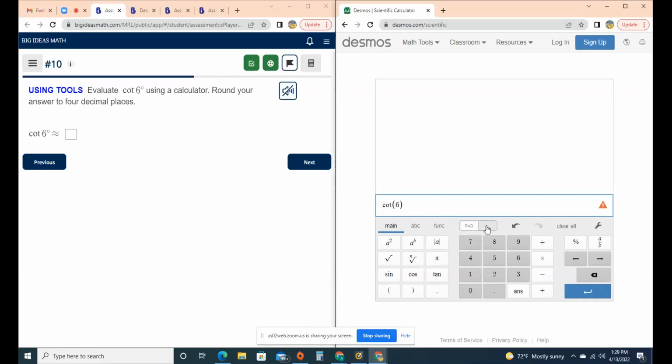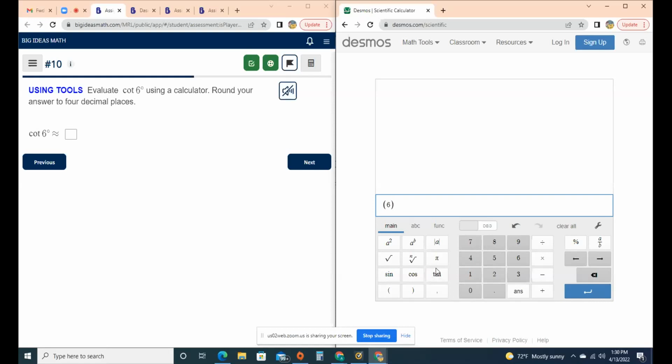So it doesn't understand cotangent. So you have to remember what cotangent is relative to something that you do know. Cotangent is the reciprocal of tangent. So if you do 1 divided by tangent, you get the same thing as cotangent.